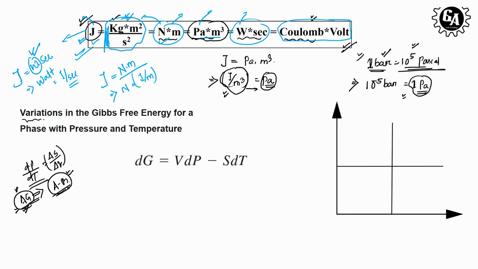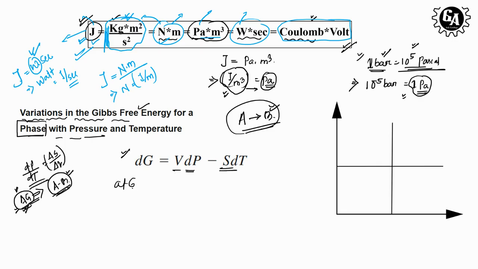If we consider the variation in Gibbs free energy for a phase with pressure and temperature, one phase A converting to B, then dG is equal to VdP minus SdT. At equilibrium, dG will be 0, then VdP will be equal to SdT.